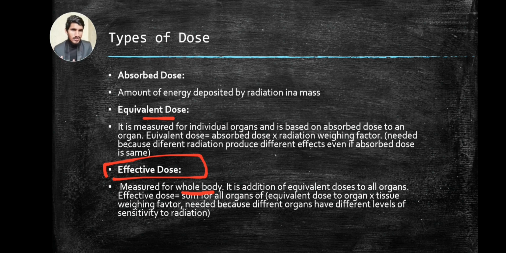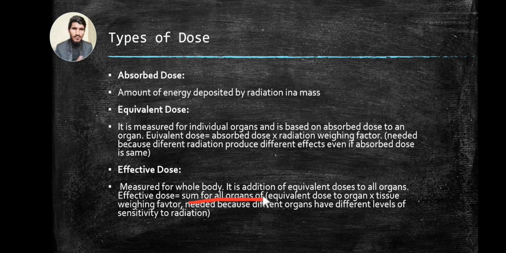If I am exposed to some environment, then all of my organs will absorb the radiation. If I add up all the equivalent doses of each organ of my body, then it becomes the effective dose. So effective dose is the sum for all organs.